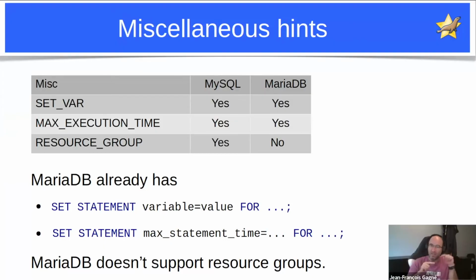Vitess is killing the queries that are taking more than 30 seconds by default. And Vitess could have a tuning, just put a hint to Vitess and say, okay, this query needs to be killed after 1 second, this query needs to be killed after 60 seconds. But I don't want this in Vitess. I want this in the database. I prefer not to have to build infrastructure around the database for a service that I think the database should provide.